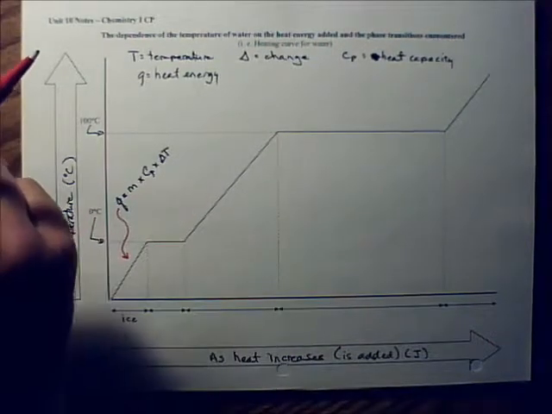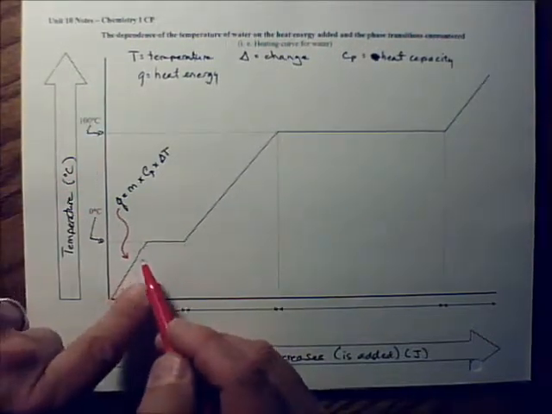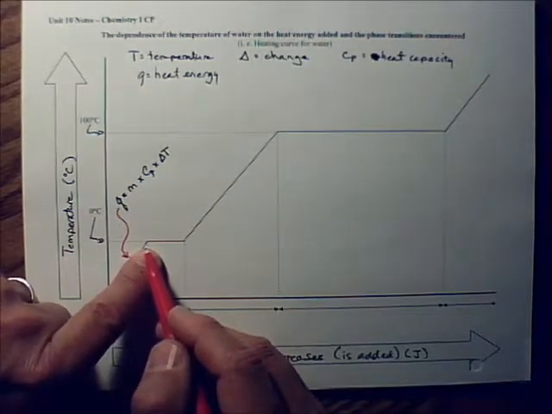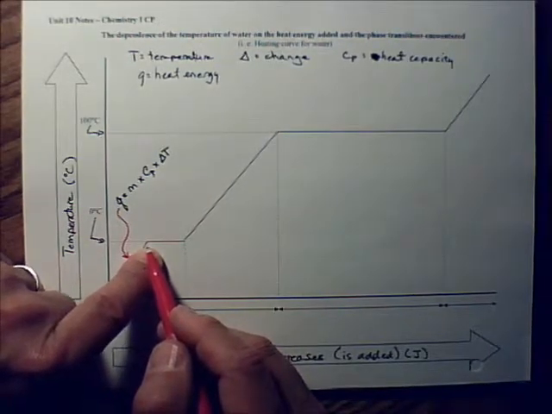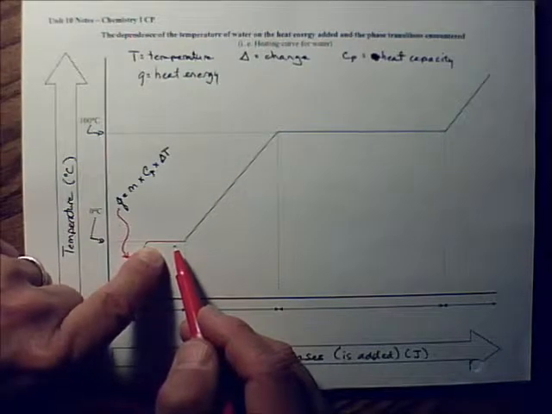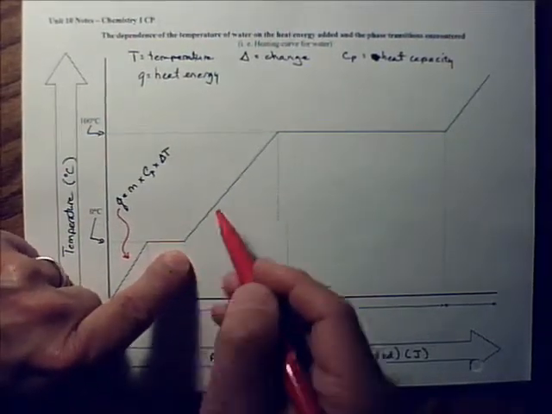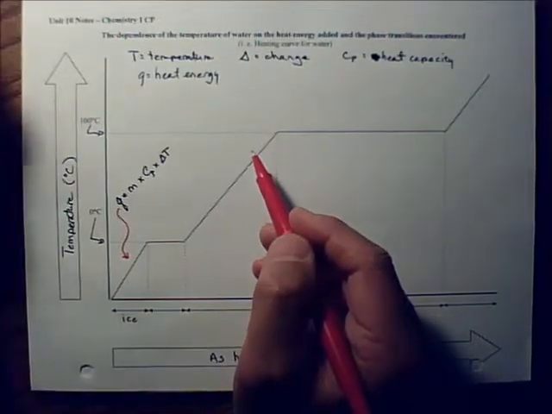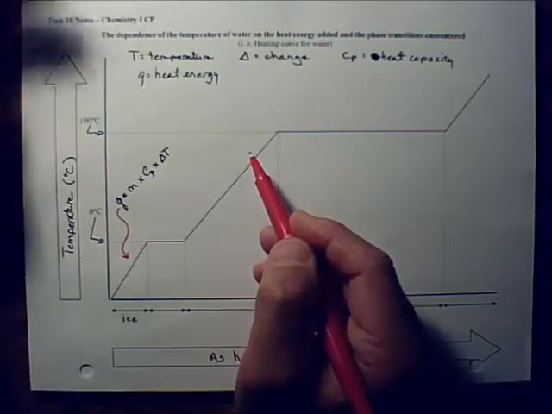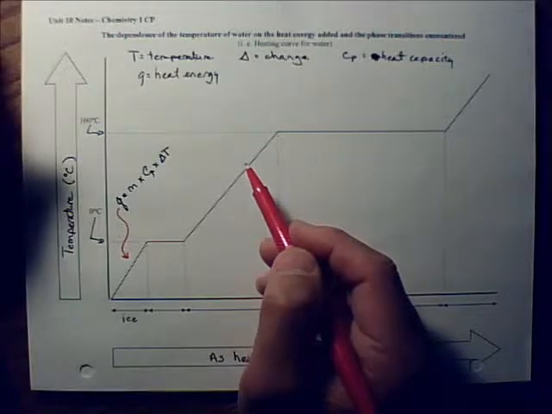You'd heat it up and the temperature would rise, but while the ice is actually melting, the temperature stays pretty steady. Once it melts, then the water can increase its temperature, but the ice itself, while it's melting, does not change its temperature. That make sense?